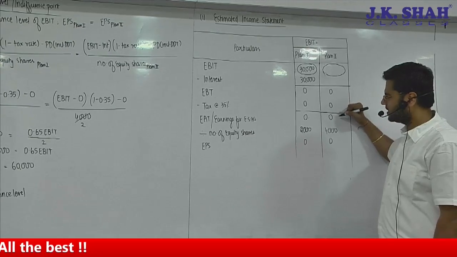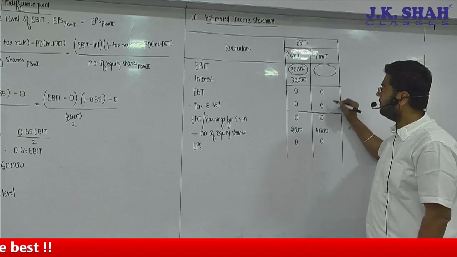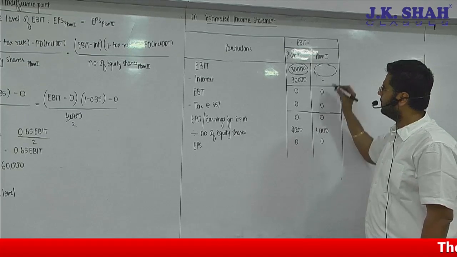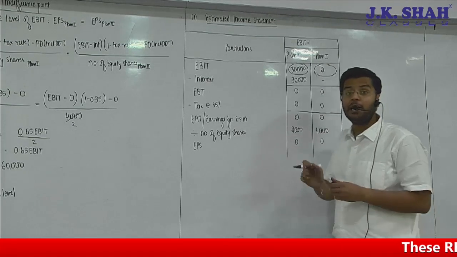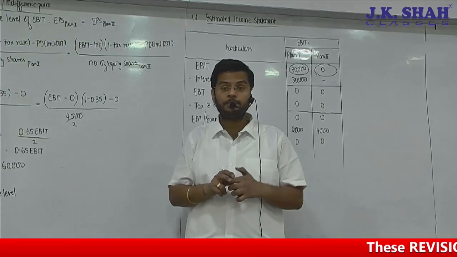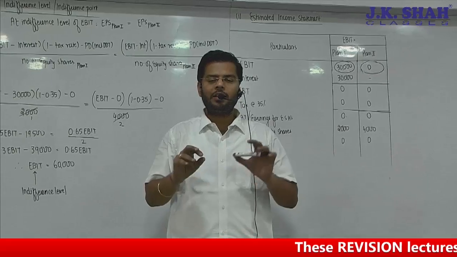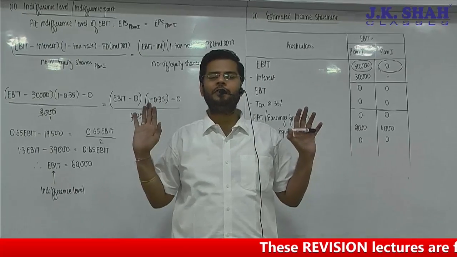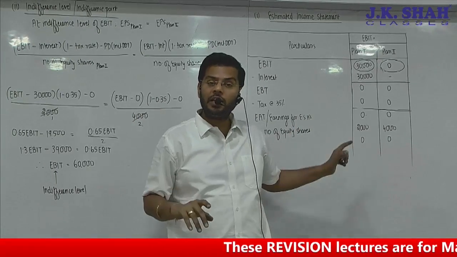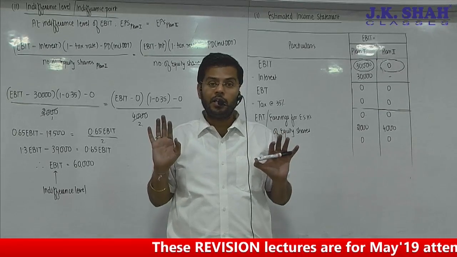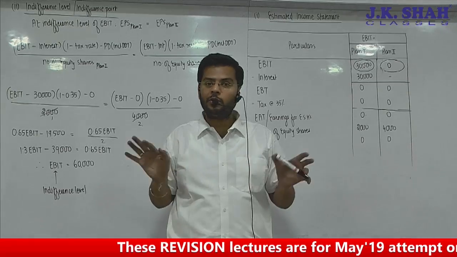If I don't have to pay tax, this will also be 0. In plan 2, if I'm not mistaken, there is no interest commitment. It means if you have selected plan 2, then even if you earn 0 profits from your business, still equity shareholders will be neither at a gain nor at a loss. So what is break-even? No gain, no loss.